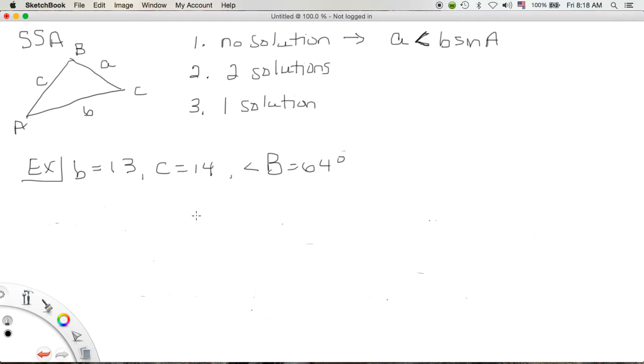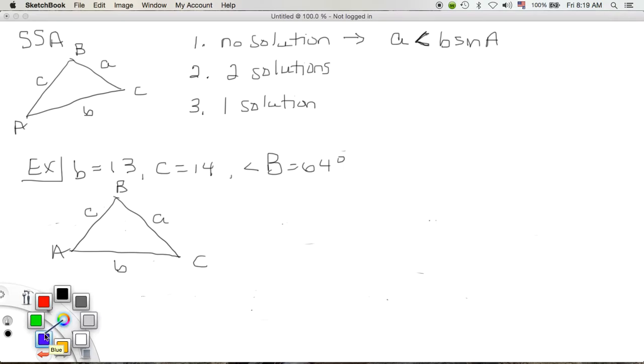So remember, draw your triangle, label them all with the letters first so that you can make sure you're getting them right. So then we have b is 13 and c is 14 and angle B here is 64 degrees. All right, so we need to see about the height and what happens with it.